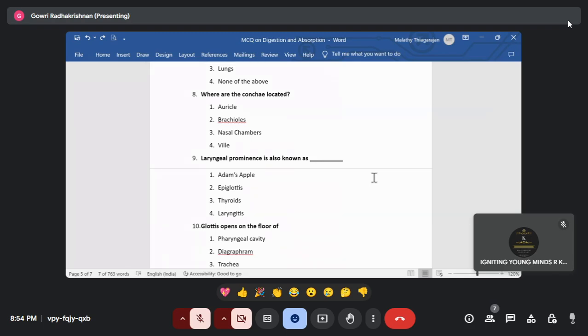It's present in the nasal passage. Okay. Now answer the question. Where are the conchae located? I've already given you the answer.